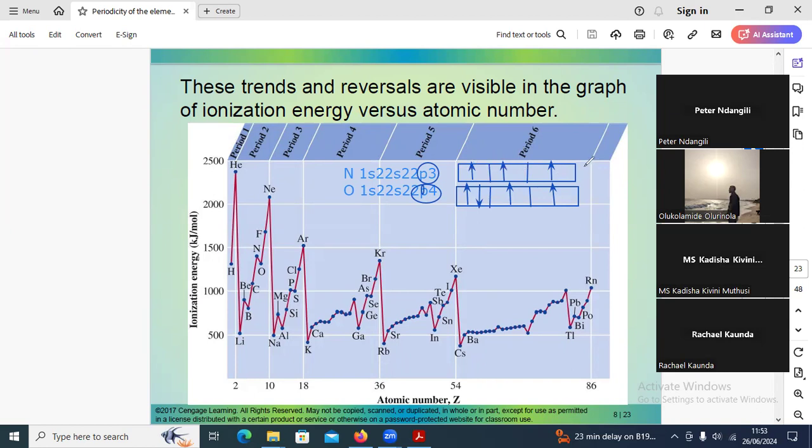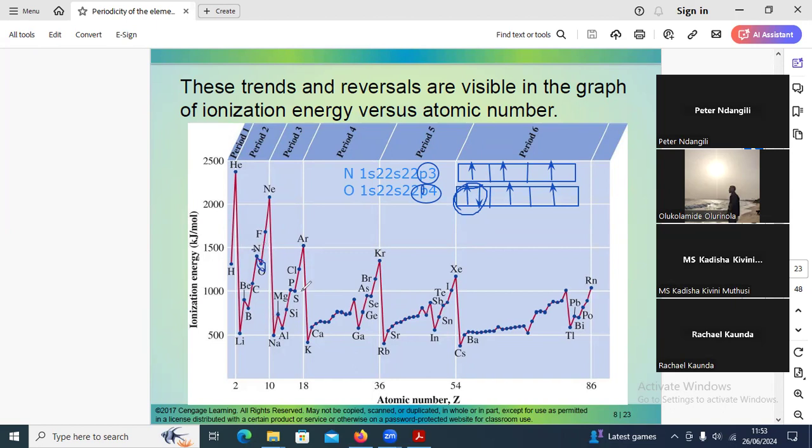The 3 electrons here are arranged such that each of these degenerate orbitals has 1 electron, and they have parallel spin. Here we have this electron, and these electrons are paired. Because they are paired, there is what we call electron repulsion, and it is easy for us to lose one of these electrons. That explains why it is easier to remove an electron from oxygen than from nitrogen.